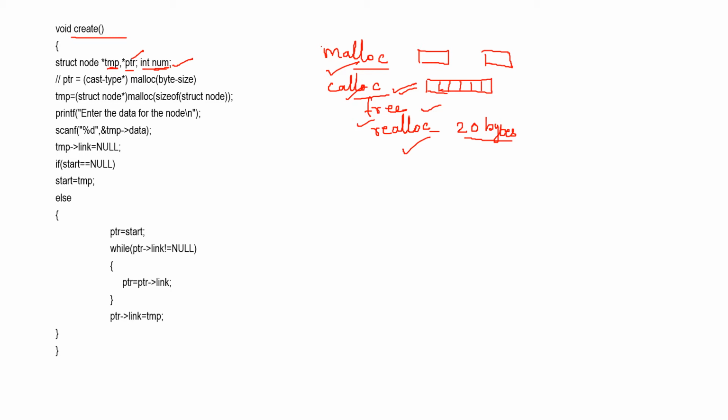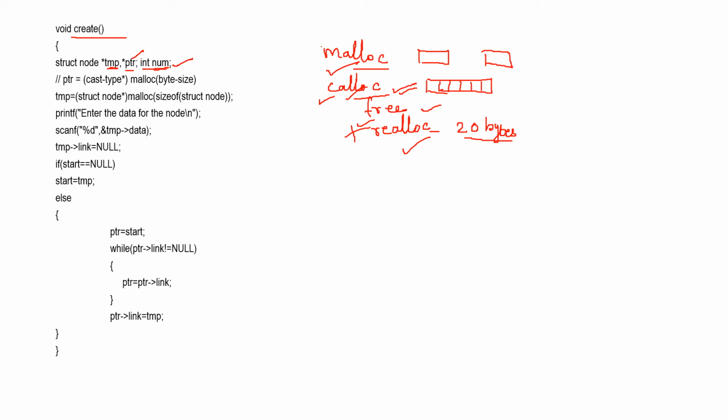Next, what's the necessity of making use of malloc instead of calloc and realloc? Realloc is a function used to change the size of previously allocated memory, and calloc is used to allocate memory in consecutive memory locations.